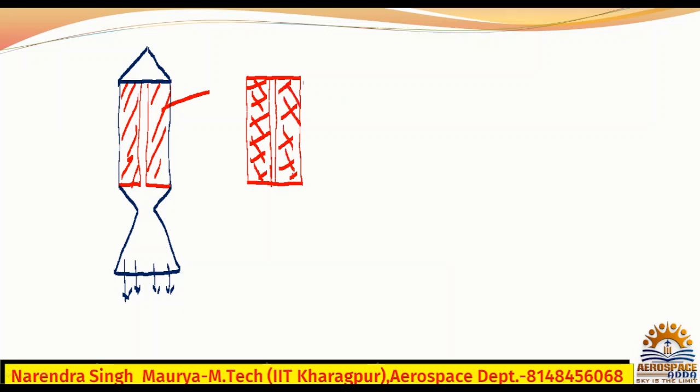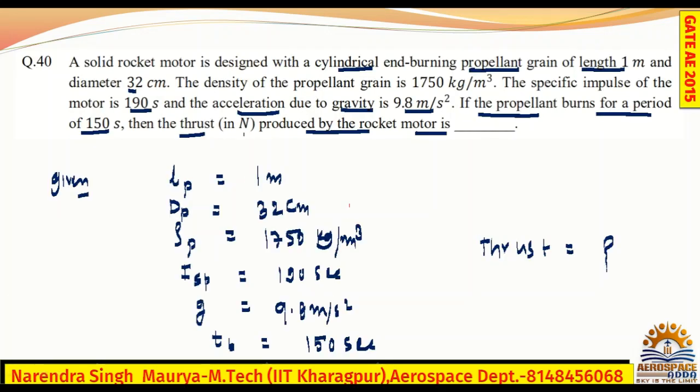Now, for this propellant, we have diameter, we have length also. Length of the propellant. Okay. This is the propellant. Yes or no? 1 meter, 32 centimeter.